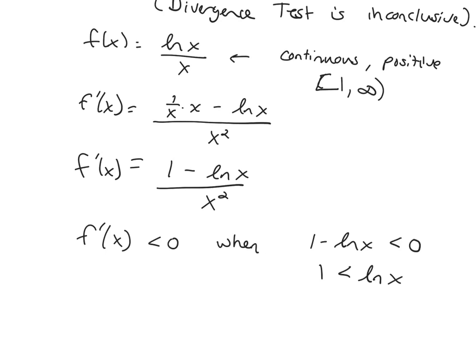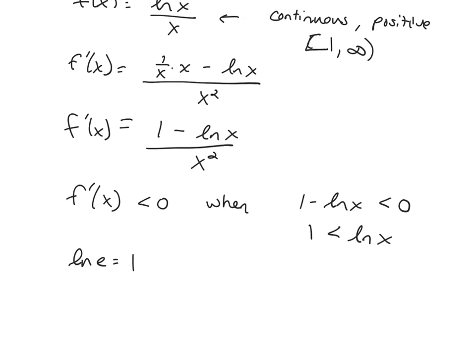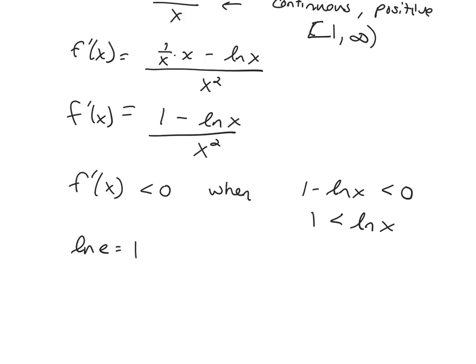So what value of x do I plug into ln to get 1? ln of e is 1, right? ln of e is 1. So I need to make sure the ln of x function is definitely increasing, so I need to make sure x is bigger than e.